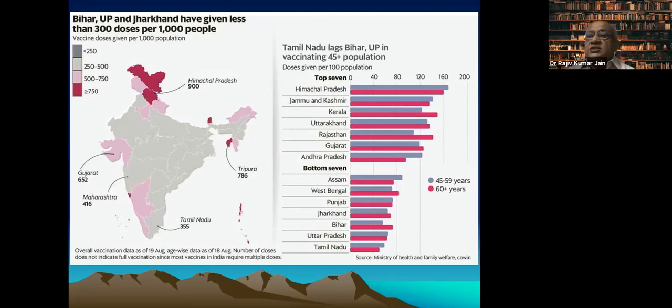We must focus, and this difference between vaccination of the 45 to 59 years age group shown in gray line and 60 plus shown in red line also must be understood correctly. And we must target first covering the 60 plus population 100%, then equally important is the 45 to 59 years age group, especially with comorbid conditions. Next slide, please.